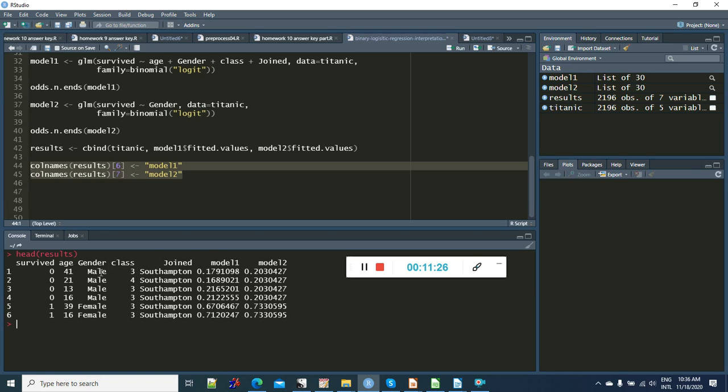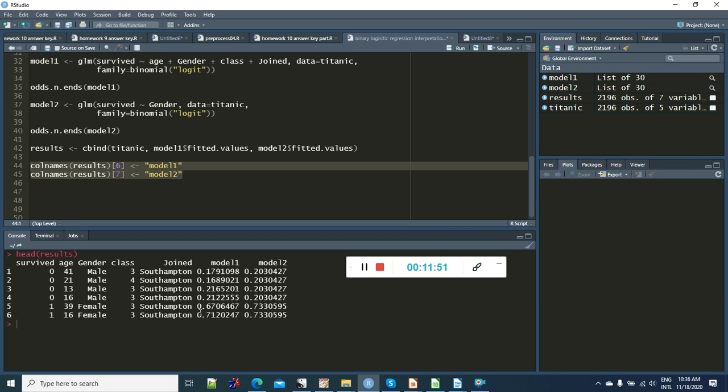In rows 1 and 2 we have an adult. In row 1, his probability is below 0.2, it's 0.18. In row 2 we have an adult but also a crew member, class 4, so his probability drops down even lower to 0.17.